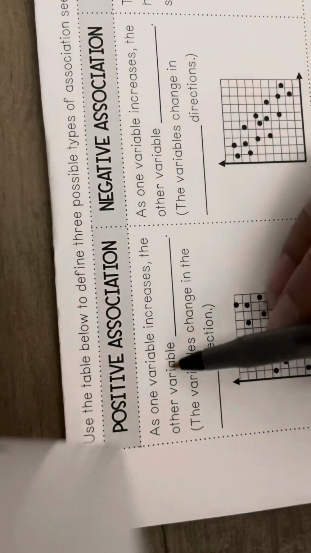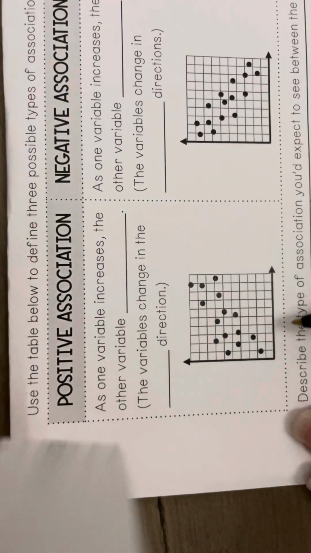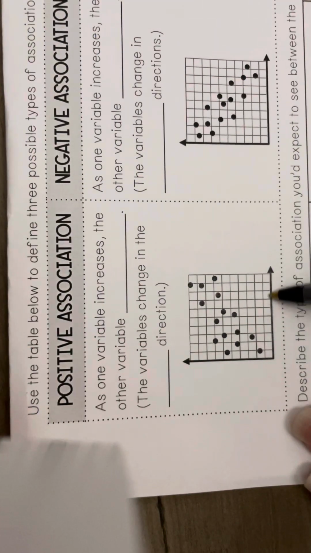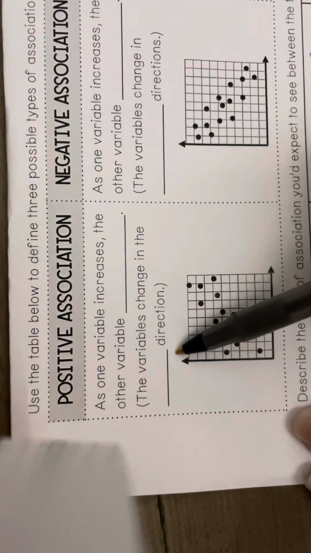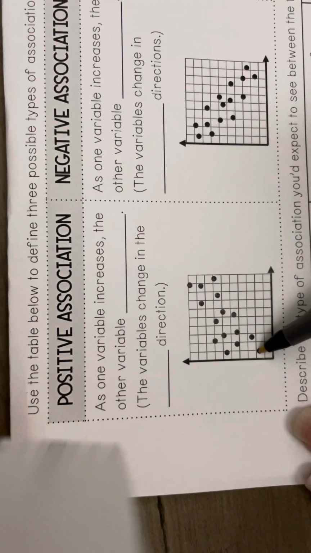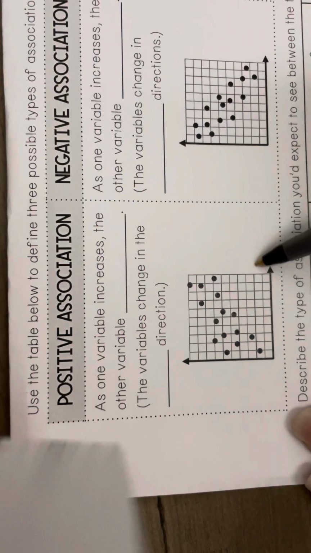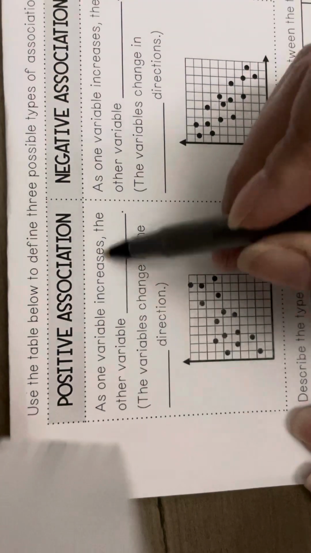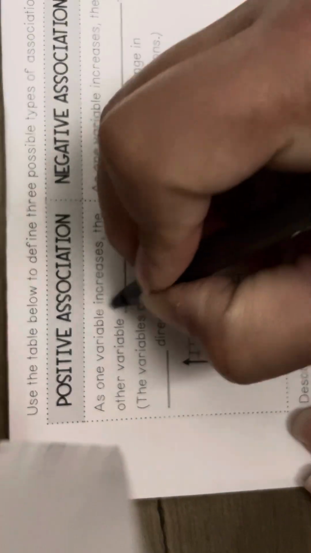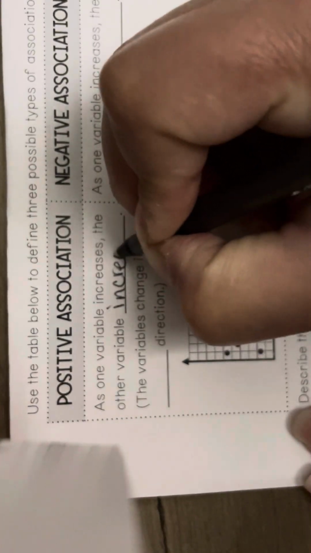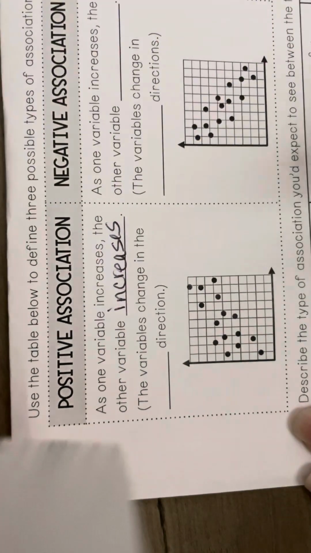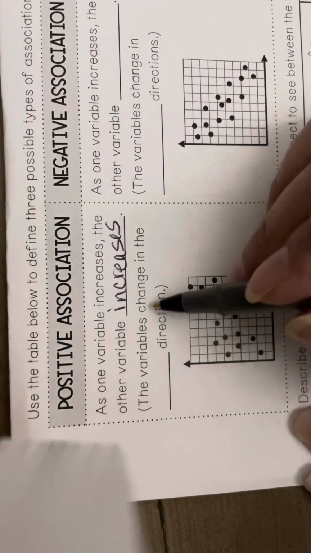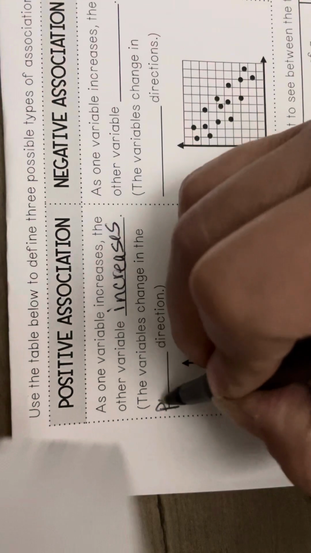So here, as one variable increases, like as the x gets higher, so does the y. This x got higher, so did its y value. This x got higher, so does its y value. So as one variable increases, the other variable also increases. So it's got a positive direction.